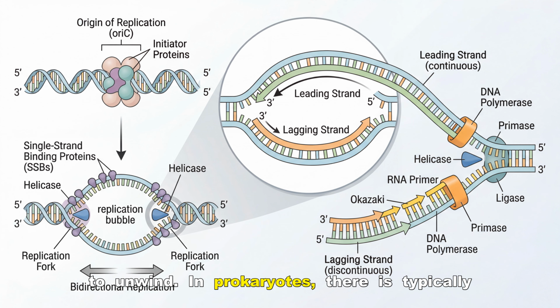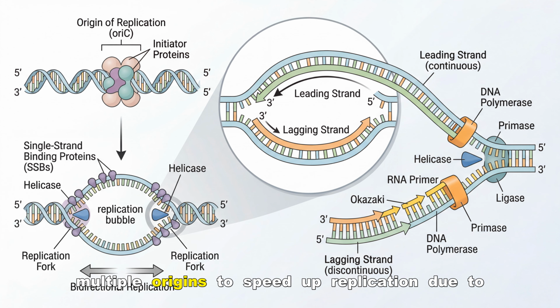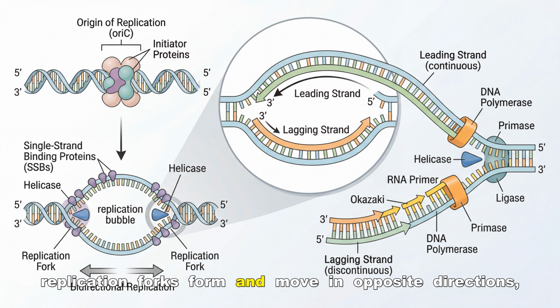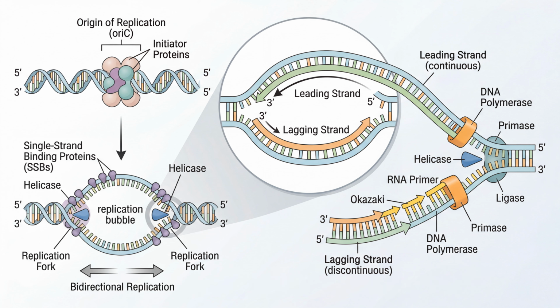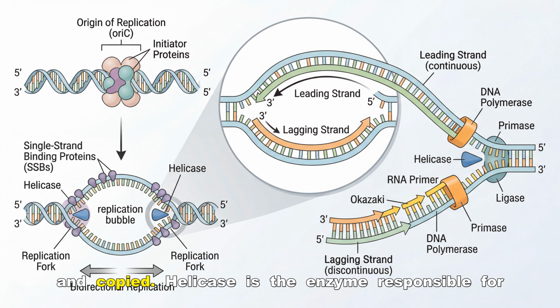In prokaryotes, there is typically a single origin, while eukaryotic chromosomes contain multiple origins to speed up replication due to their larger size. Once replication begins, two replication forks form and move in opposite directions, creating a replication bubble. Each fork is a Y-shaped structure where DNA is actively being unwound and copied.